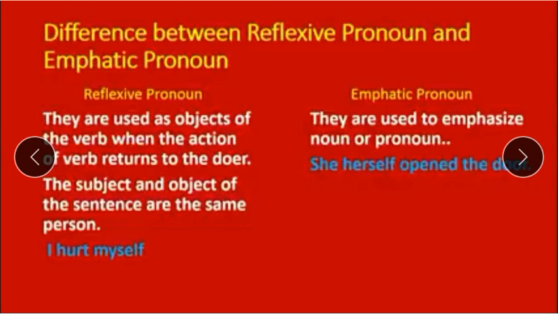Father met the principal himself. Here we are giving importance to father, so that is the emphatic pronoun. You can complete all the blanks given in the book. Soon I will give you the answers.